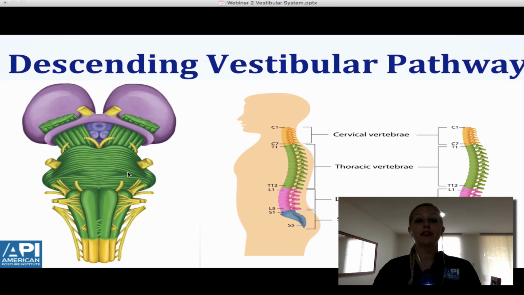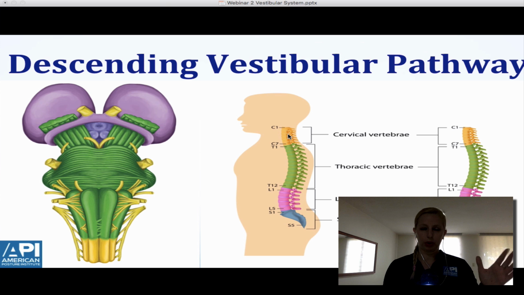Now we have 2 different descending vestibular pathways. The first is called the medial vestibulospinal tract. The medial vestibulospinal tract descends from the brainstem down to the cervical spine to coordinate movements of the eyes and the cervical spine.